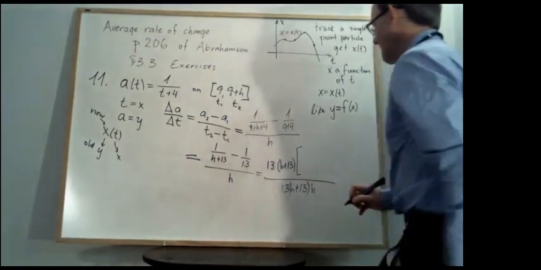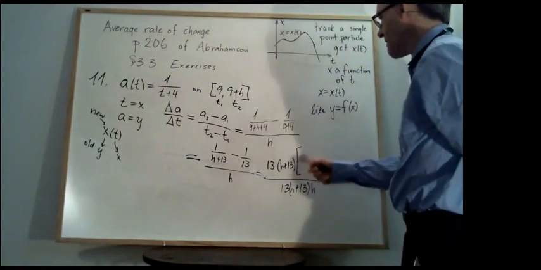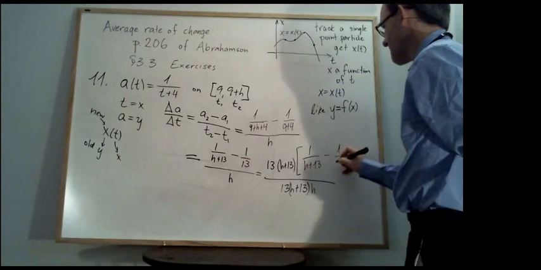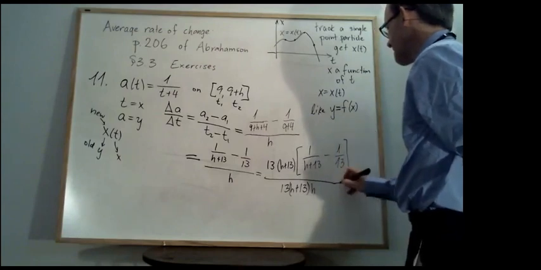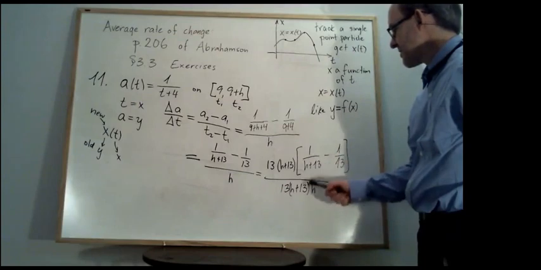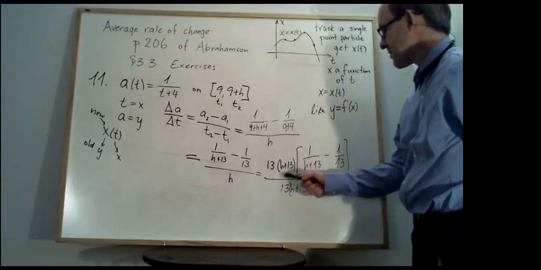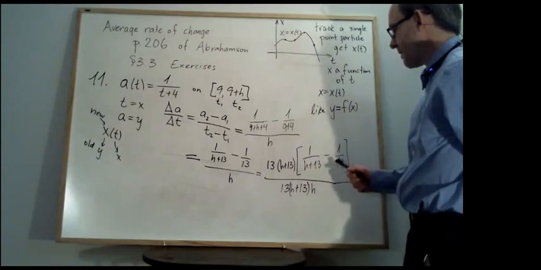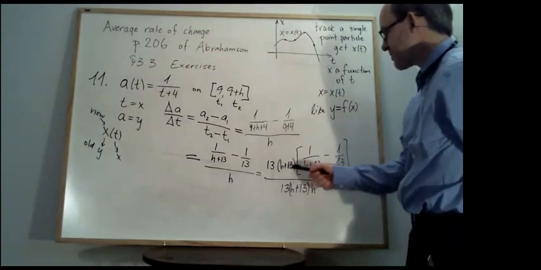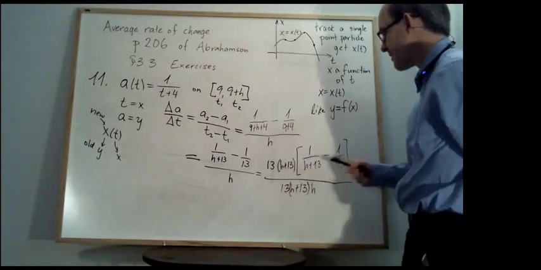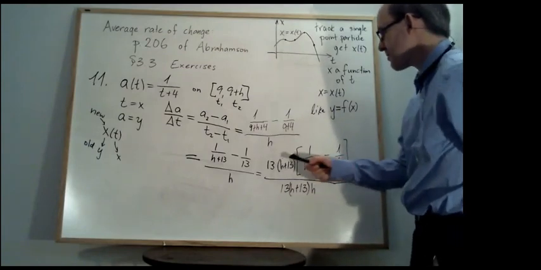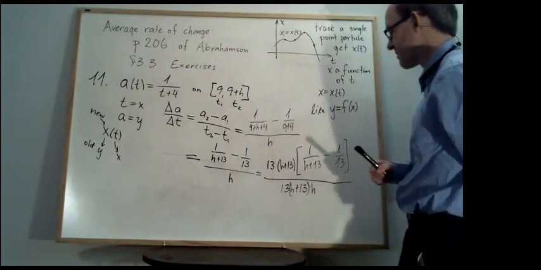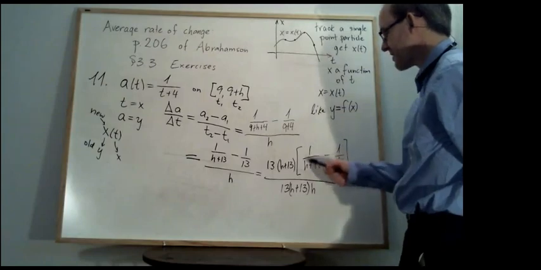We multiply in the numerator and denominator by the same factor, and this is what we'll get, not changing anything else. This is here still, and this is here still, and we just multiply by these two factors. And then we can now cancel the h plus 13 with this h plus 13 and this 13 with this 13. We have to do it to multiply this by the distributive law. So both factors will appear for this term and for this term. But then you get cancellation.